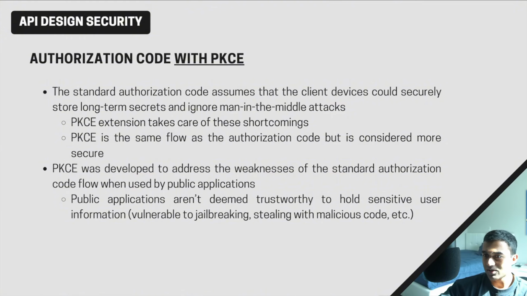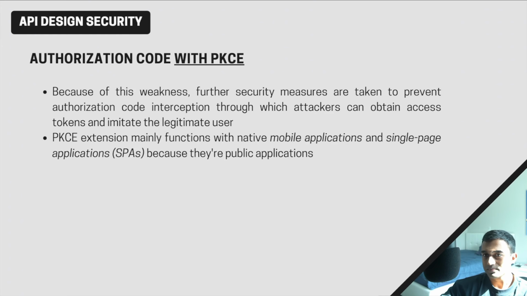Public applications aren't deemed trustworthy to hold sensitive user information because it's vulnerable to jailbreaking and stealing with malicious code, etc. Because of this weakness, further security measures are taken to prevent authorization code interception, through which attackers can obtain access tokens and imitate the legitimate user.